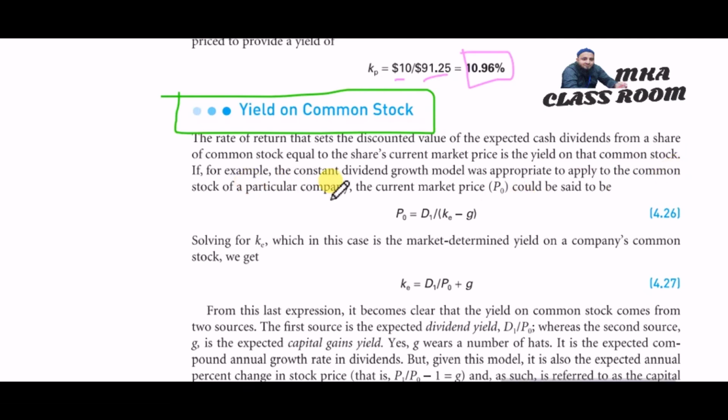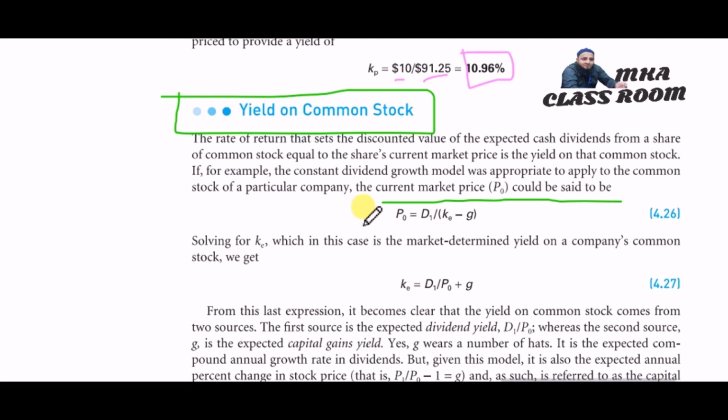For example, the constant dividend growth model is appropriate to apply to the common stock of a particular company. The current market price P0 equals expected dividend D1 divided by required rate of return minus G. That is the formula for our common stock valuation model.